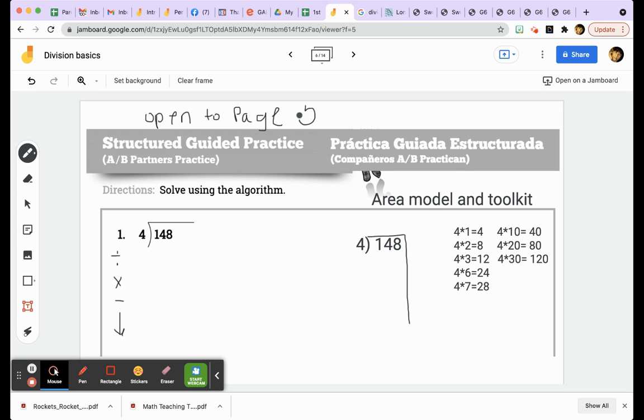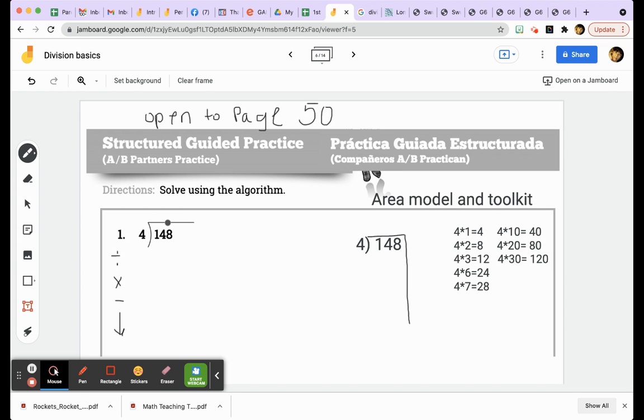You can keep your math notebook on your desk, but now all of the work you're going to be doing is in your SWAN math book under structured guided practice. This way you have examples in both your math notebook and in your SWAN math book under structured guided practice.